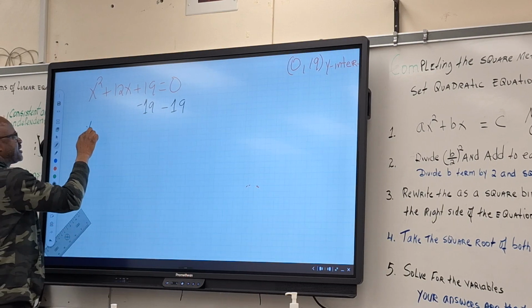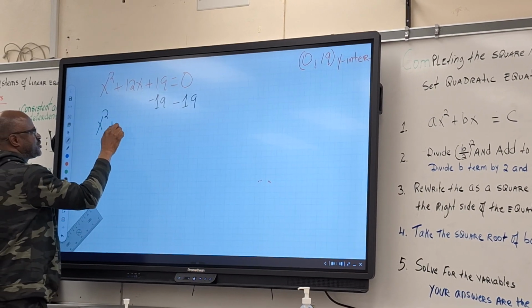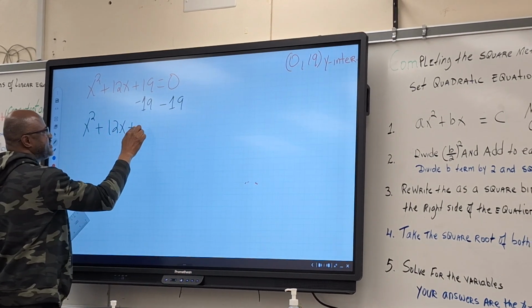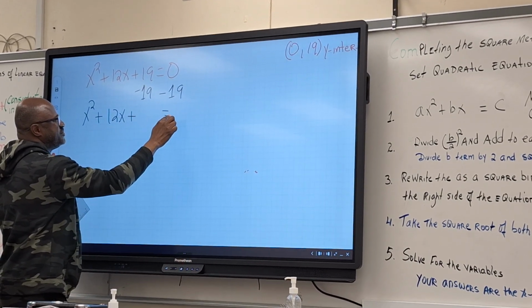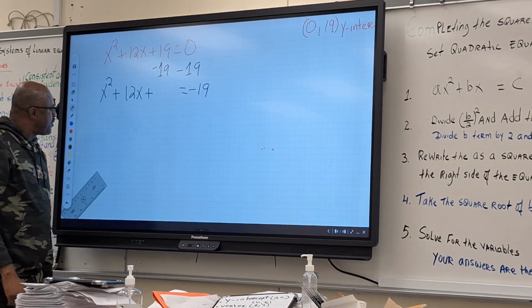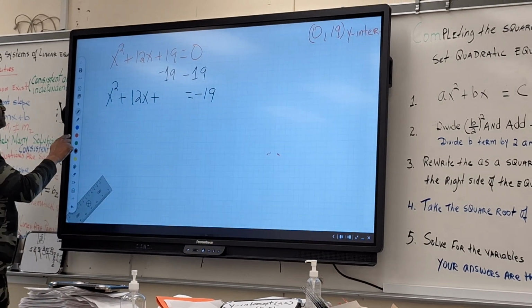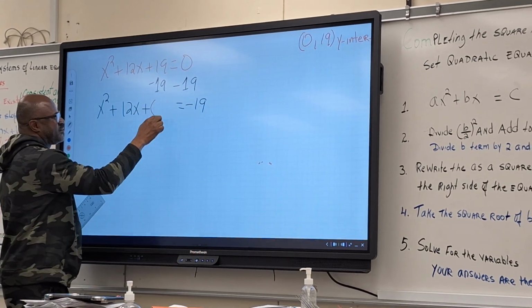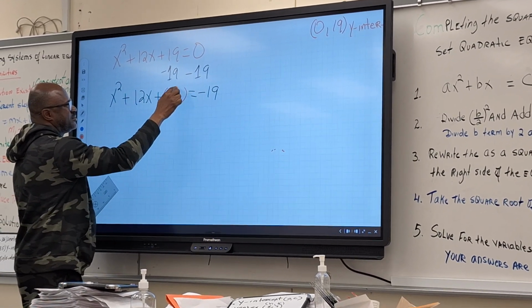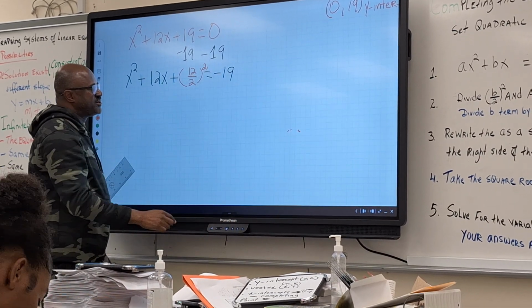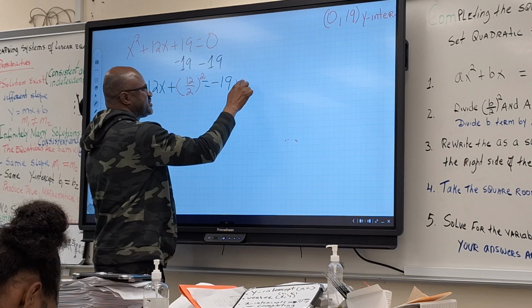You will end up with x squared plus what? 12x is equal to negative 19. Then what will be your second step? Do the formula with b. So you would do 12 over 2 in parentheses, squared. Whatever you do on one side, you must do on the other side.